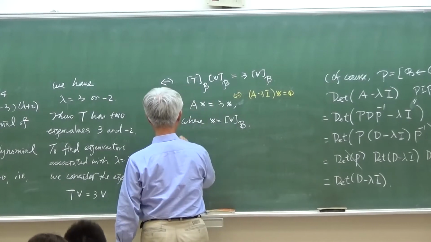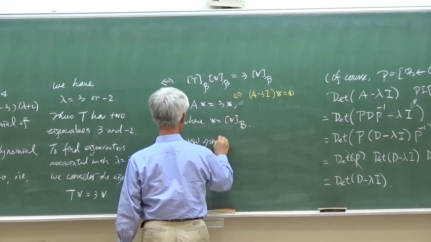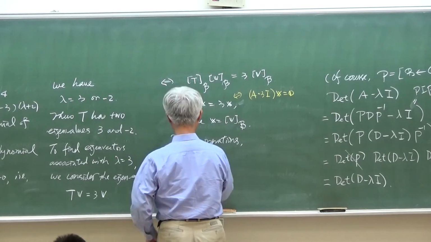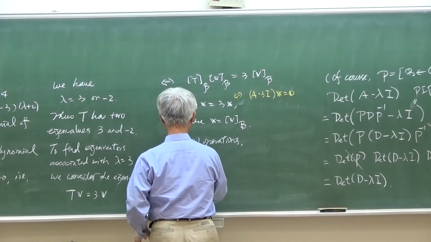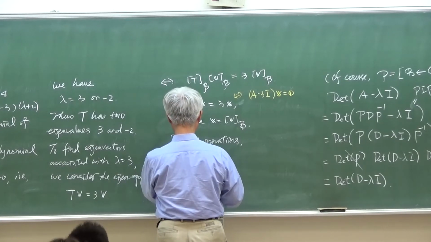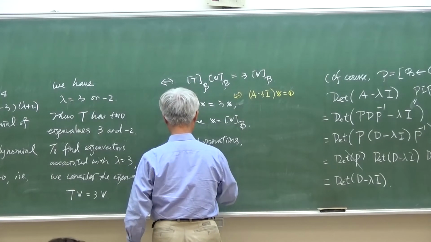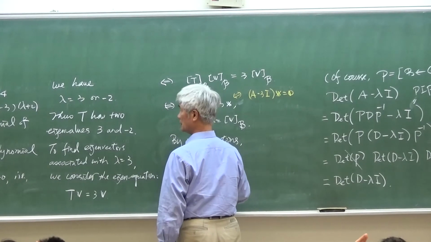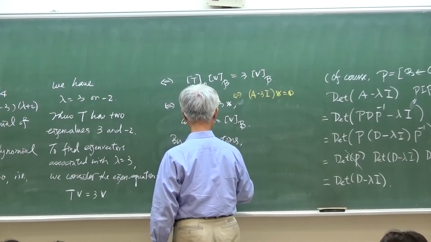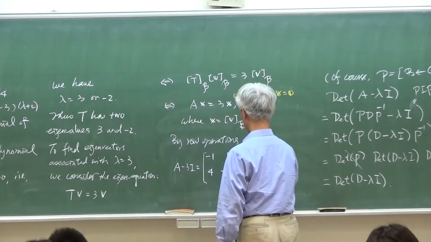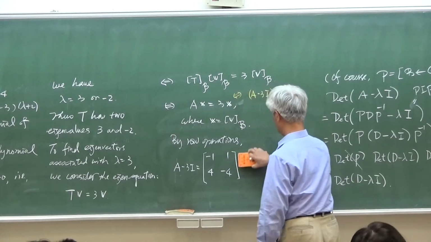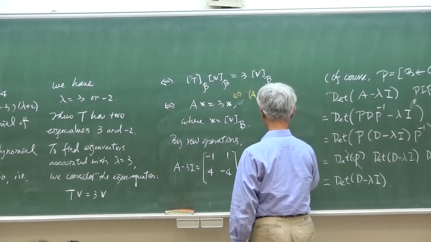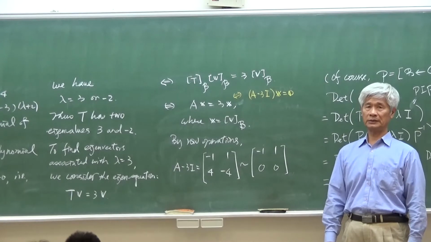So by row operations, A minus 3I. So A is equal to minus 1, 1, and 4, minus 2. So this is equivalent to 0 by the replacement.